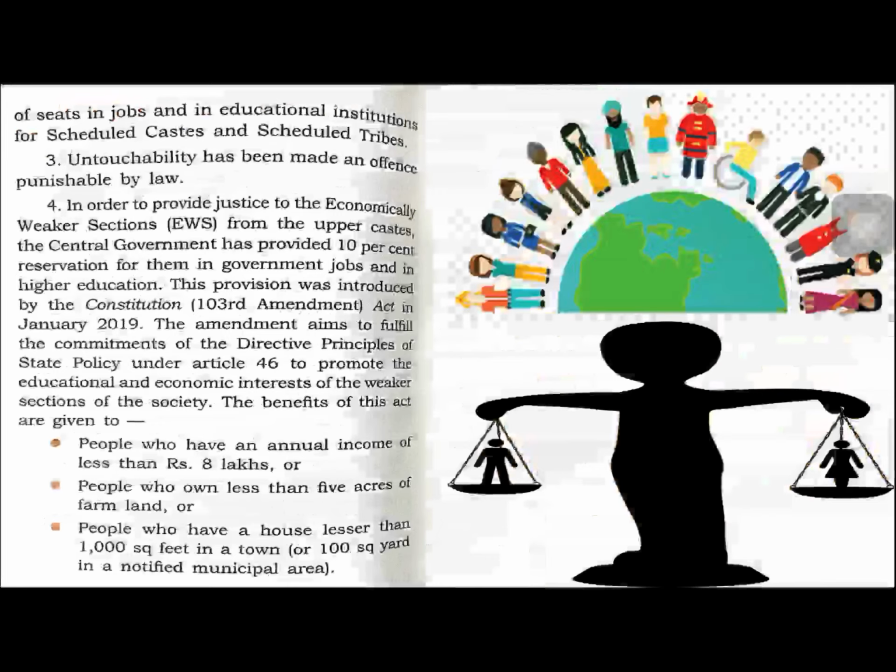Even free books and uniforms are provided to children in government schools. Most of their needs are taken care of because the government wants to uplift these people and make sure that all children between the age of 6 to 14 are not engaged anywhere else other than in studying, which is important for them.